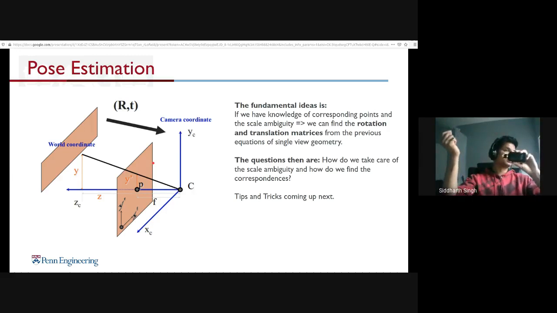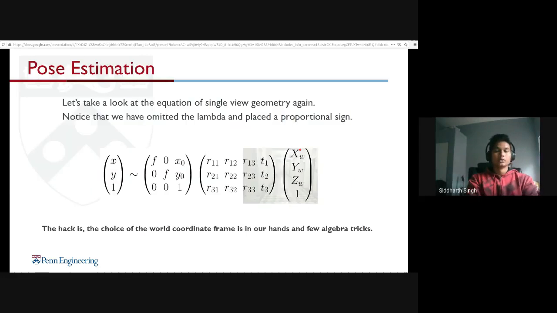So that is what we want to know: if this thing was mounted on my car, and I'm seeing this, where is my car with respect to this, or where is this with respect to my car? So what we have to do is find the correspondences and find the scale ambiguity. In order to solve this, there are a bunch of linear algebra tricks and tips which we use.